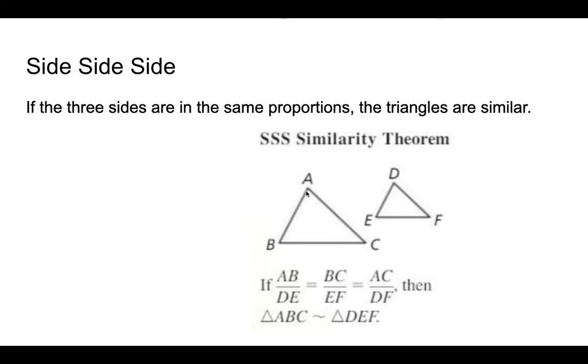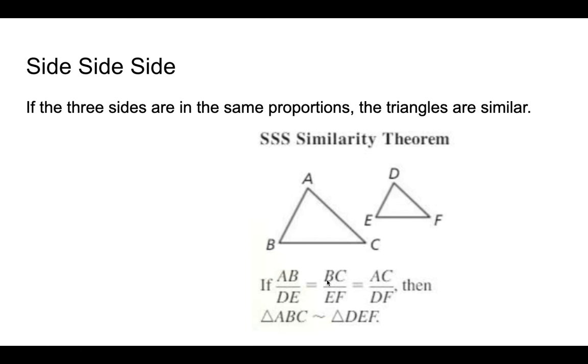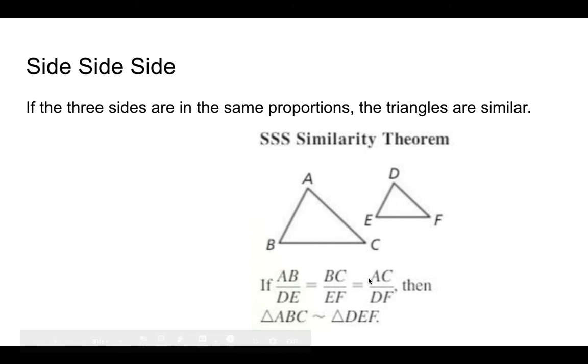We're going to match up corresponding sides, AB and DE. Now, that ratio will be the same as if I matched up another pair of sides, BC and EF. These ratios are the same, that means it's a proportion. If all of the sides have the same ratio, then we know the triangles will be similar.